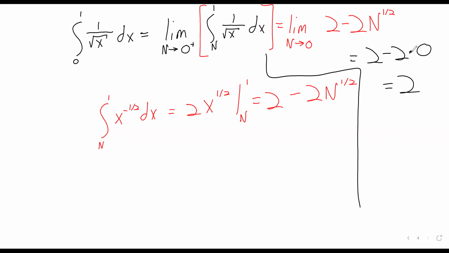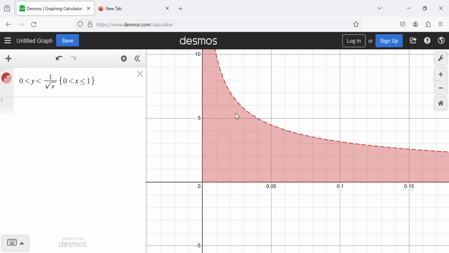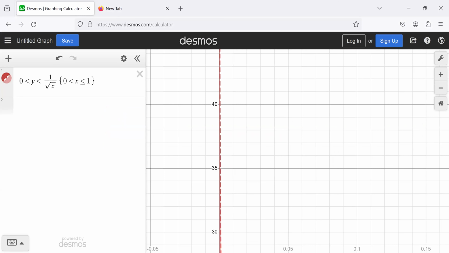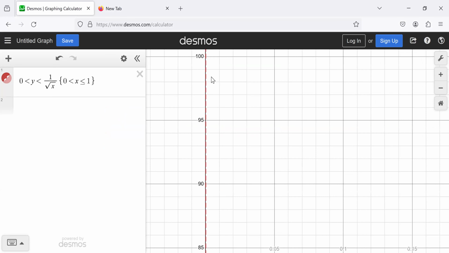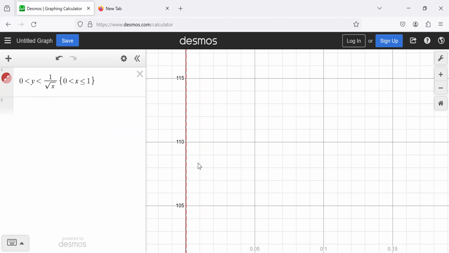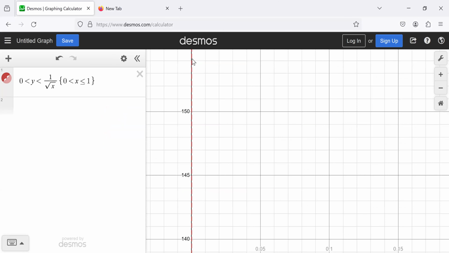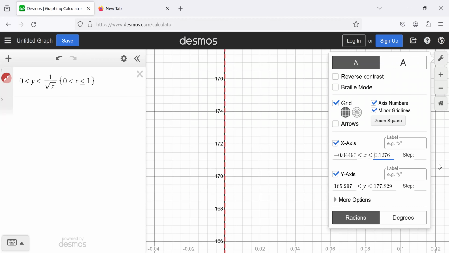Which, I don't know if you feel this way, but it could be thought to be quite unintuitive, because again, this region we are looking at does not have finite bounds. It keeps going up and up and up, and it never stops. But it gets so thin up here that the area somehow manages to be finite, in spite of the fact that we probably can't even see it anymore.